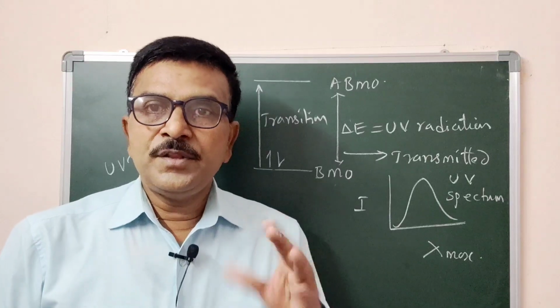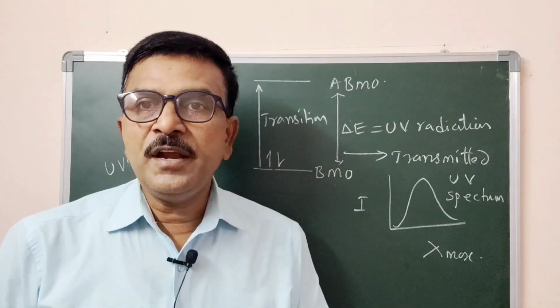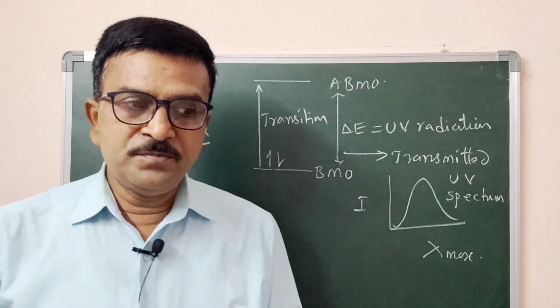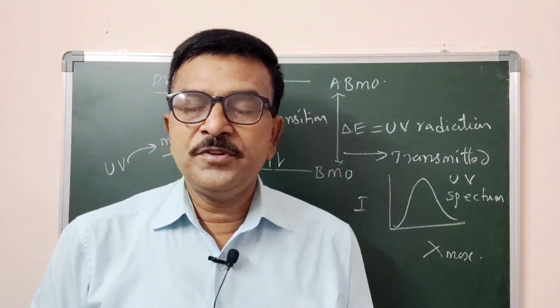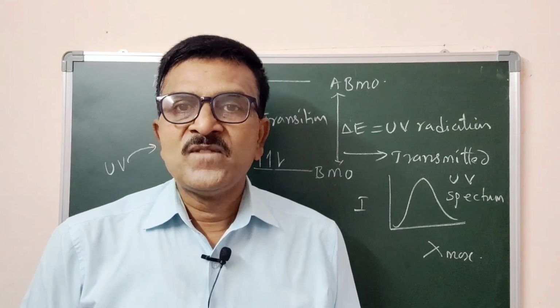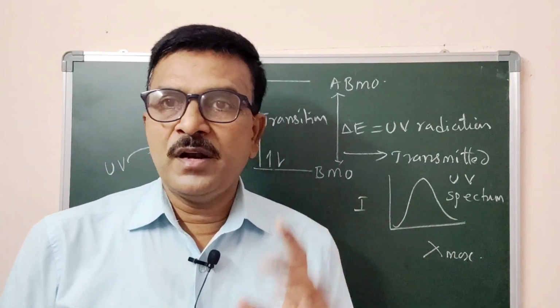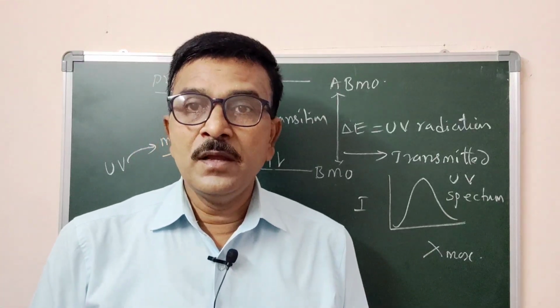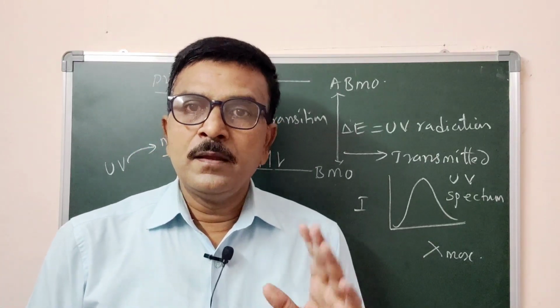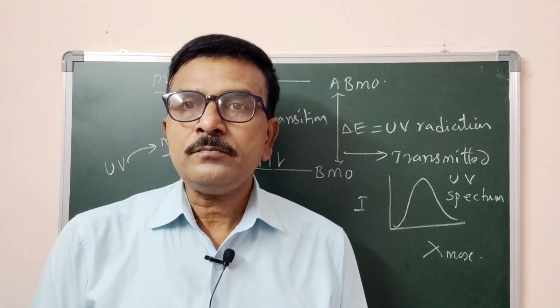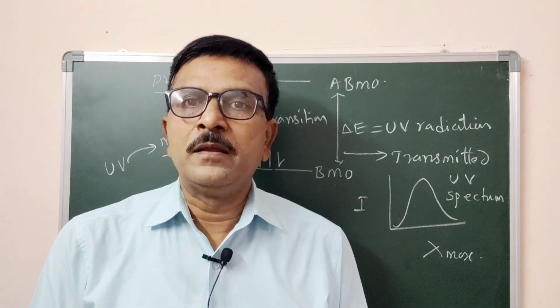After that, the rest of the energy is transmitted, which is plotted as a function of frequency of absorption versus extent of absorption, that is intensity, called a spectrum, and it is originated by the absorption of ultraviolet energy, hence it is called absorption spectroscopy. Because of electronic transition, it is also called electronic spectroscopy.